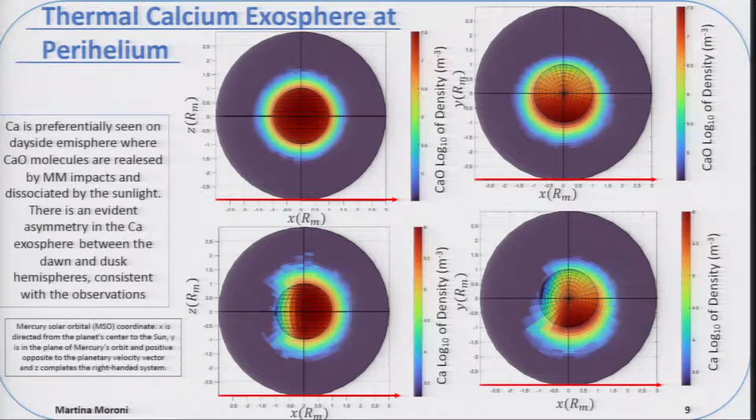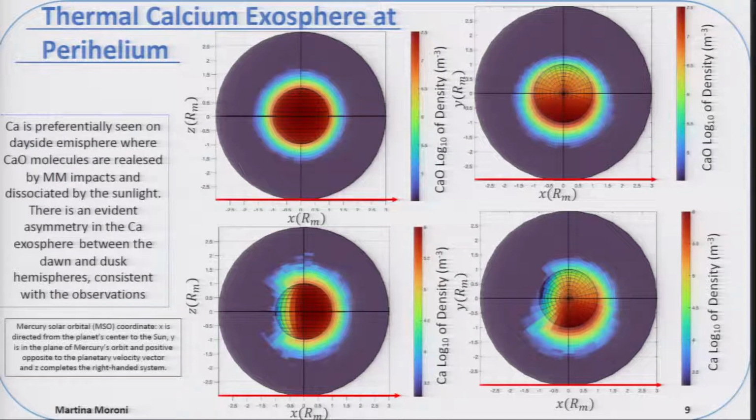The figures at the bottom show the calcium exosphere generated from the photodissociation of calcium oxide. In the same way, this one is the plot of the dayside of the planet, and the right figure is the view of the north pole.